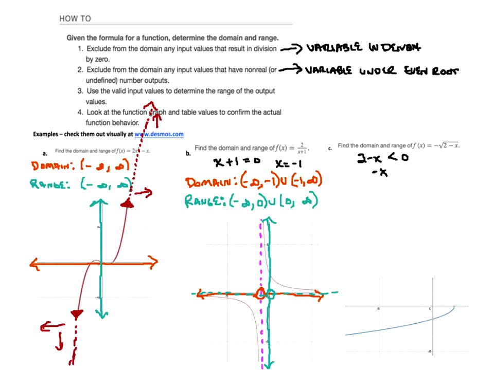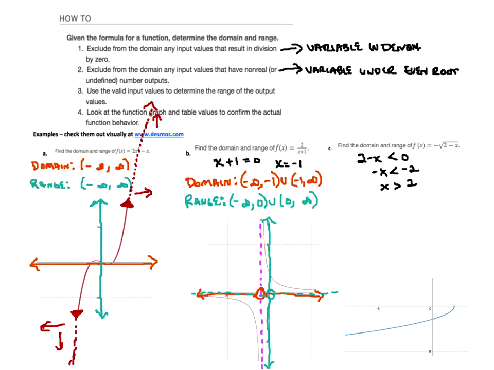So I subtract 2 from both sides, and that gives me negative x less than negative 2. Divide both sides by negative 1. Now with an inequality, whenever you divide through or multiply through by a negative number, you got to flip the sign. So this is x is greater than 2.